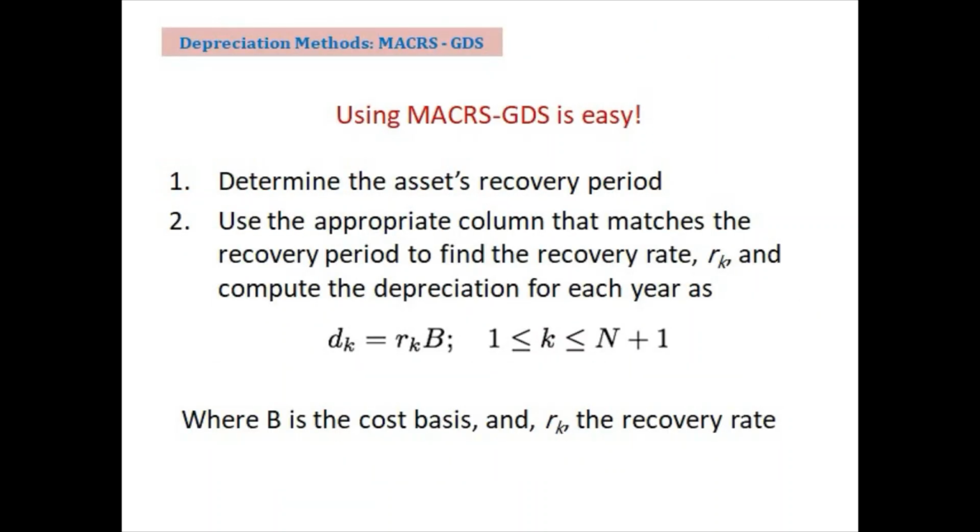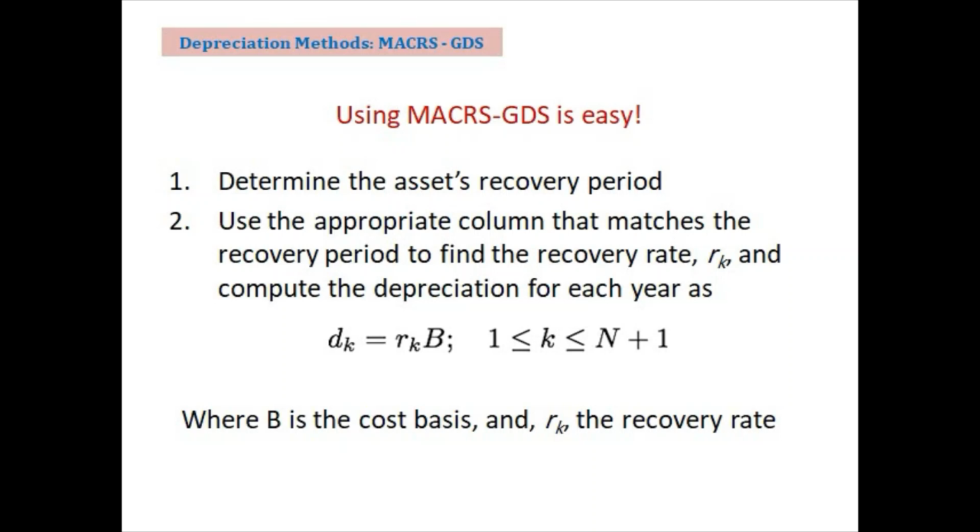Now, using this method is easy. First of all, we have to determine the asset's recovery period. They have classified the assets according to their recovery period. Let's say furniture has a recovery period of 20 years, or this asset may live for a period longer than that.